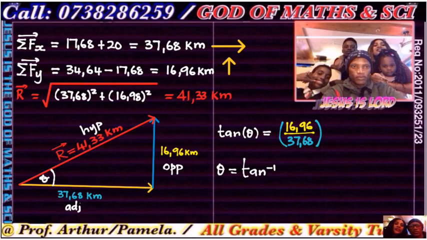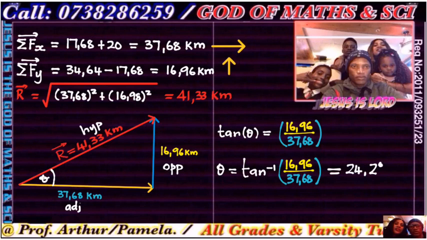Let's get those degrees. Shift tangent, open bracket, 16,96 divided by 37,68, close the bracket. I get 24,2. Normally with an angle, they round off to 1 decimal place or to no decimal place.